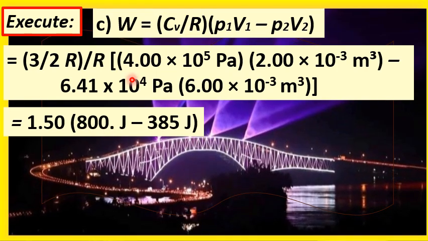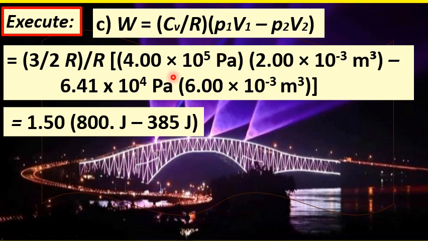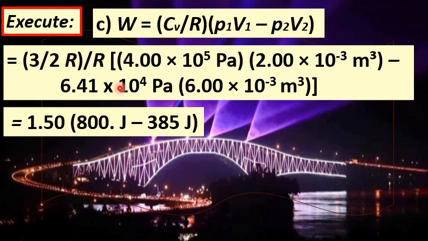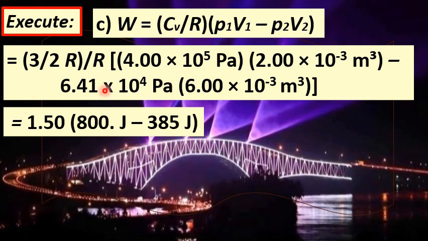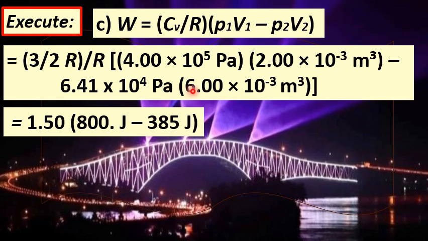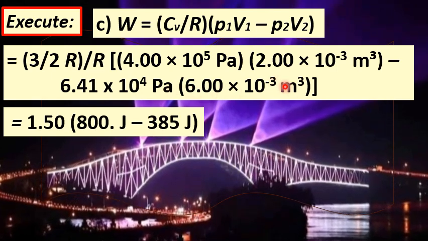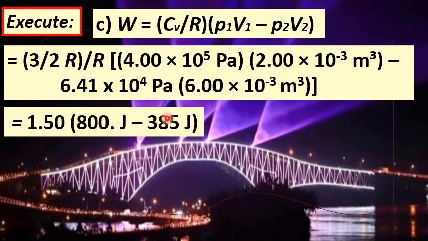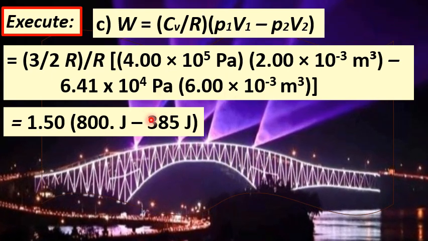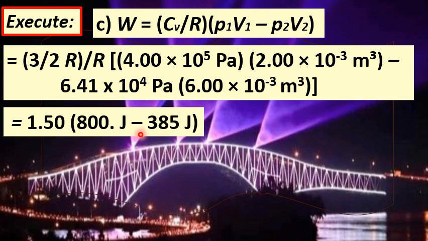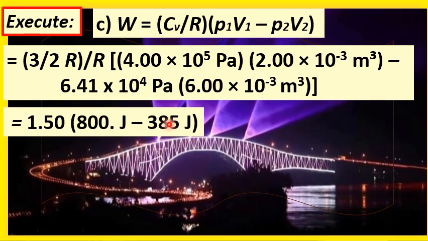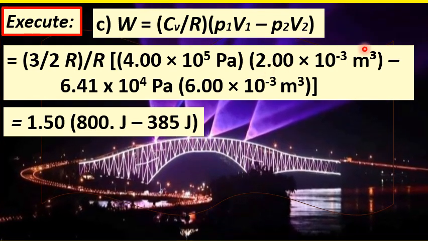While the result of multiplying P sub 2 times V sub 2, or 6.41 times 10 to the 4th power Pascal times 6.00 times 10 to the negative 3 meter cube, their product is in fact equal to 385 joules, right?